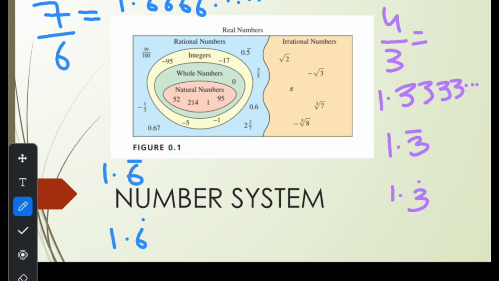We can say that 1.666 is a recurring rational number because the same number is repeated many times after the decimal.